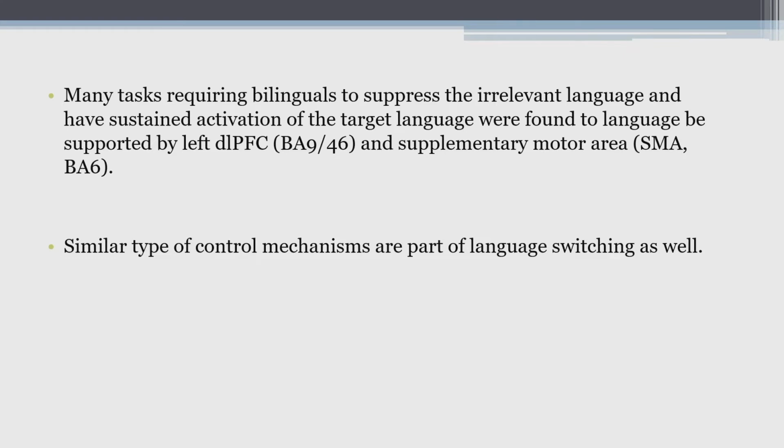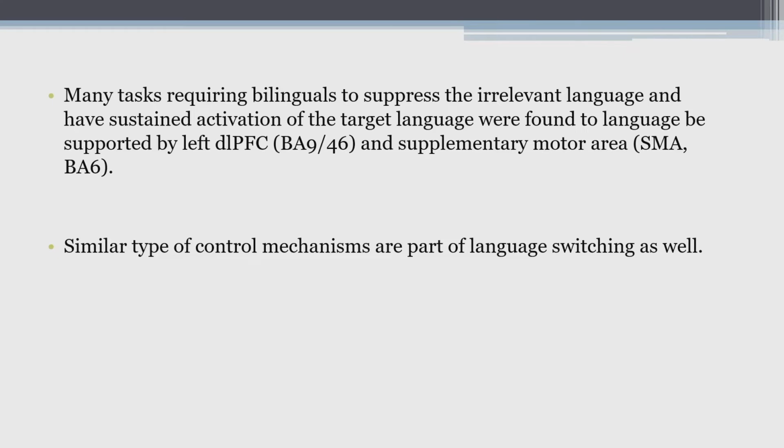Many researchers, many groups have looked at these issues in their finer nuances, using tasks that require bilinguals to suppress the irrelevant language. So, there is a task in Dutch going on, English is not to be utilized, but the experiment still finds impact of the English language on Dutch language performance, and so on.